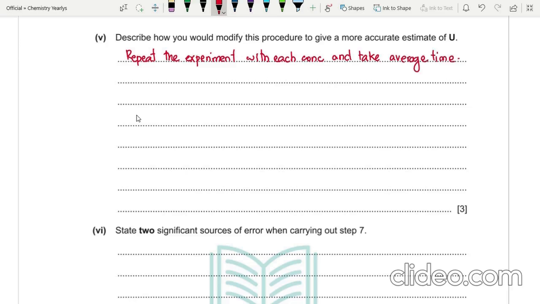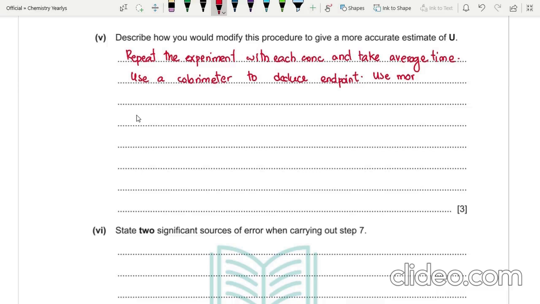The other point is to use a colorimeter to reduce endpoint error, and the other is to use concentrations above and below the 12 and 20% concentrations.